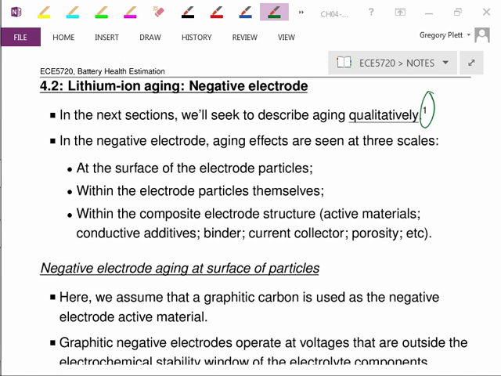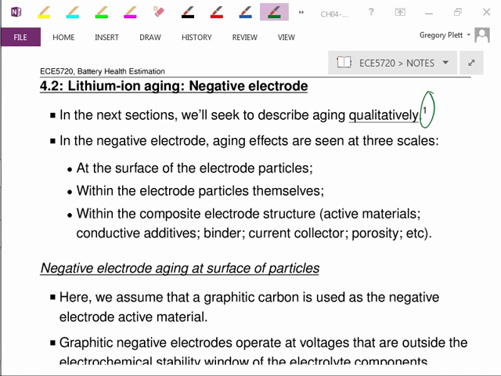From a qualitative point of view, I don't think much has changed since that paper was published. Quantitatively, there have been some advances in modeling the degradation, although there's surprisingly little modeling of degradation available, actually. So we're looking at the qualitative, just answering the why question. Why do cells degrade?